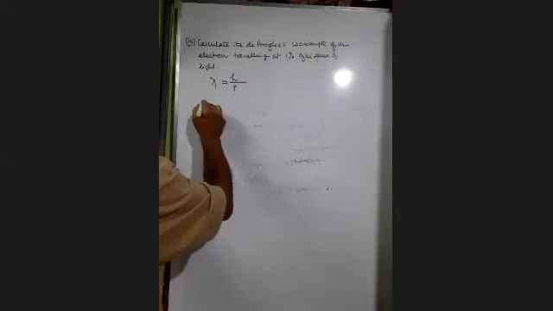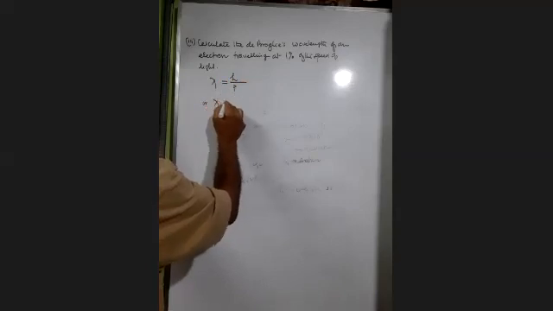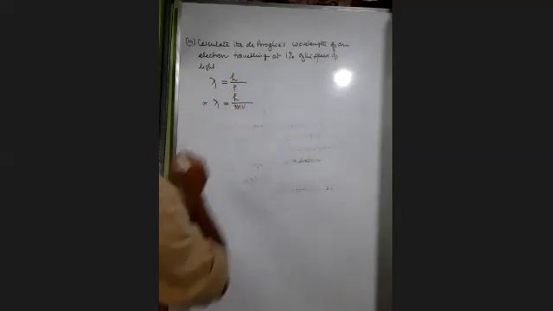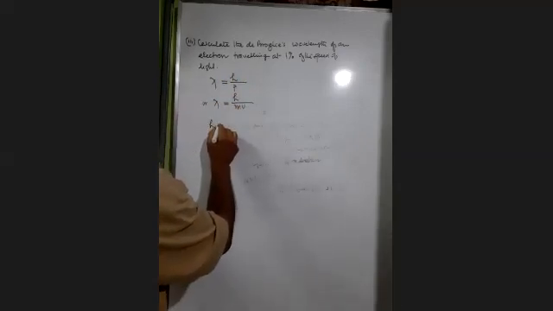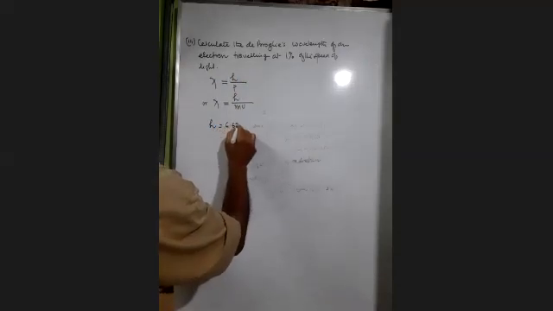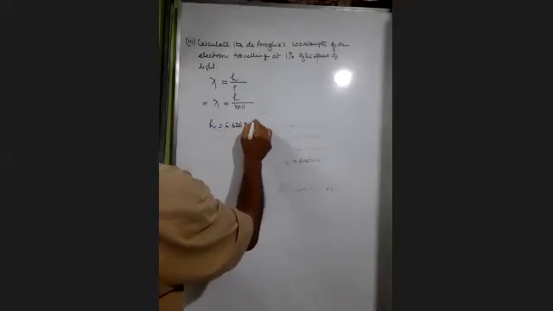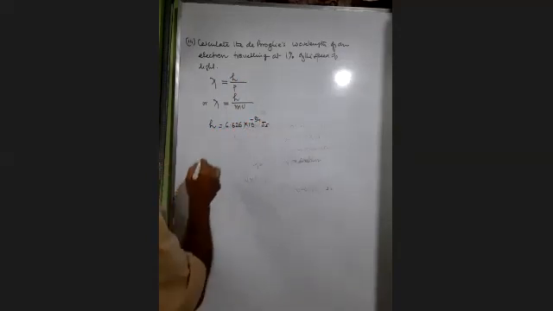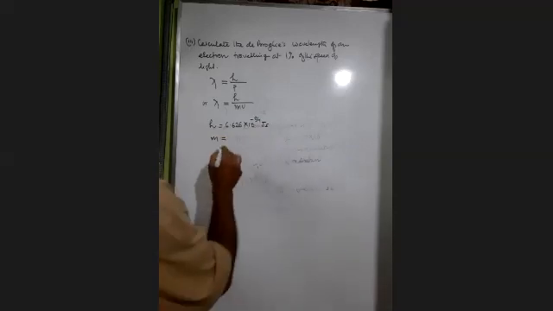Lambda is equal to h by p, or h by m v. Okay, so let me write it here. The mass of electron is what?